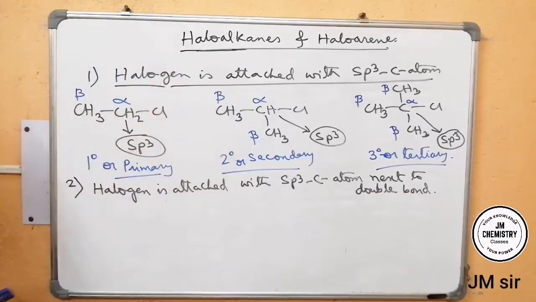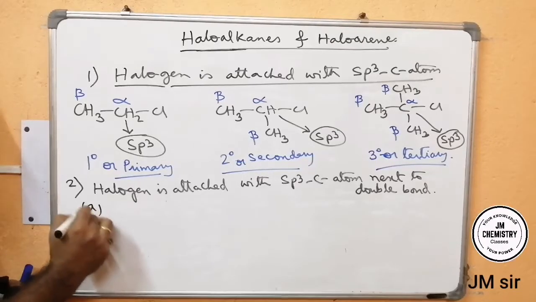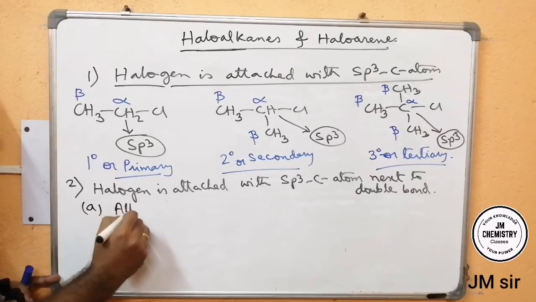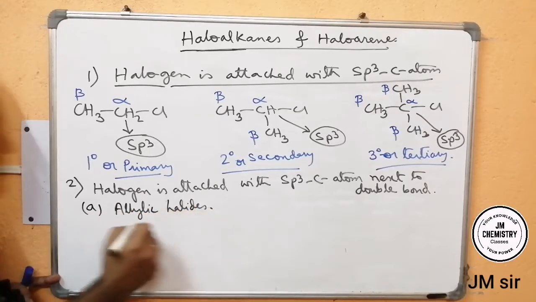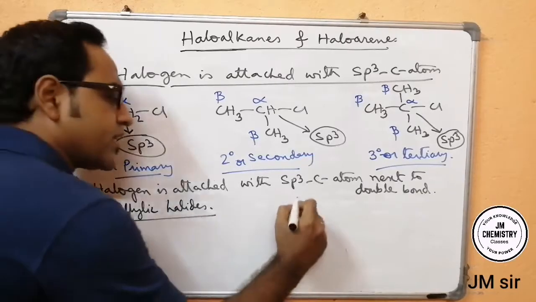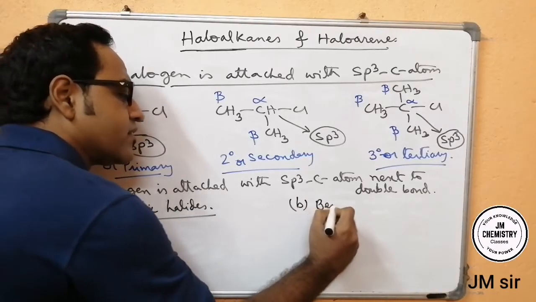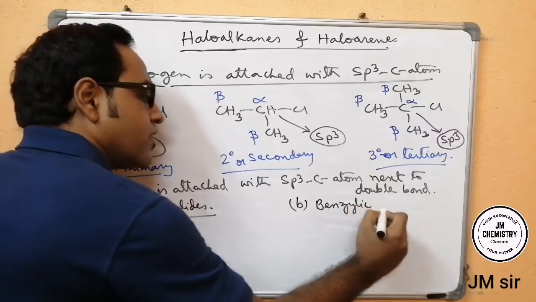Next to double bond. Now here the first type is allylic halides. The second one is benzylic halides.